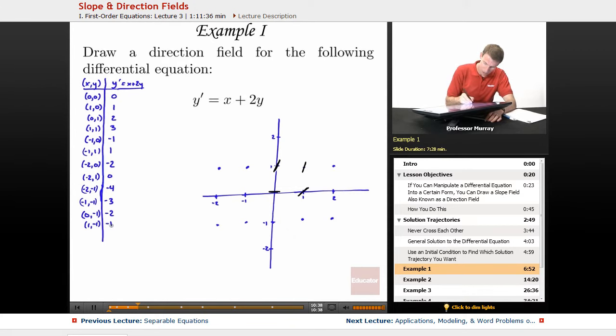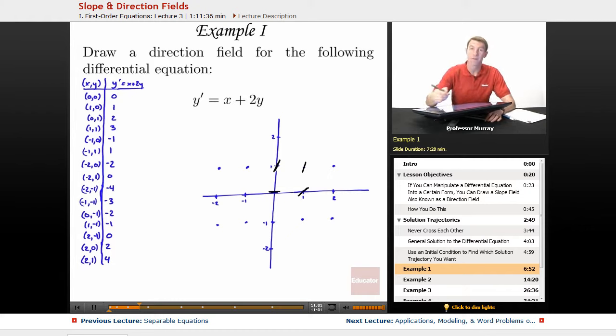X plus 2y is negative 1. And 2, negative 1. X plus 2y is 0 again. And I see there's a couple more points there. 2, 0. X plus 2y would be 2. And 2, 1. X plus 2y would be 4.